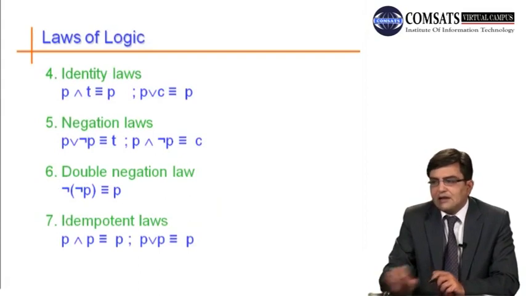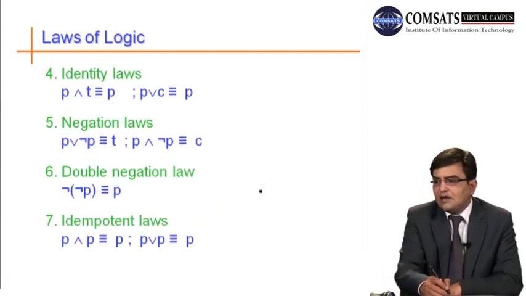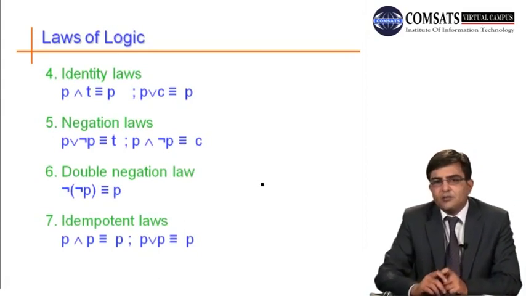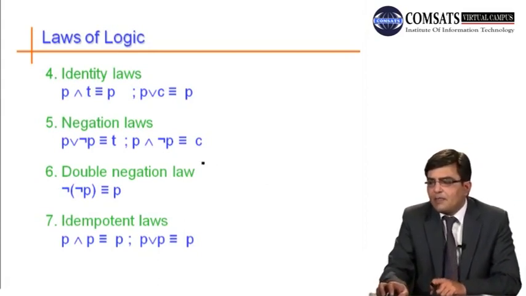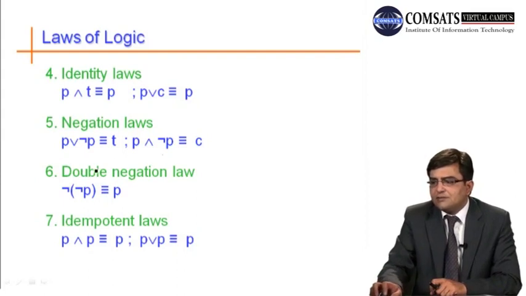The next law is the identity laws, which state that if we have a proposition P and a tautology T, P and T is always logically equivalent to P, because as we know, T is a tautology, its every truth value will be true.